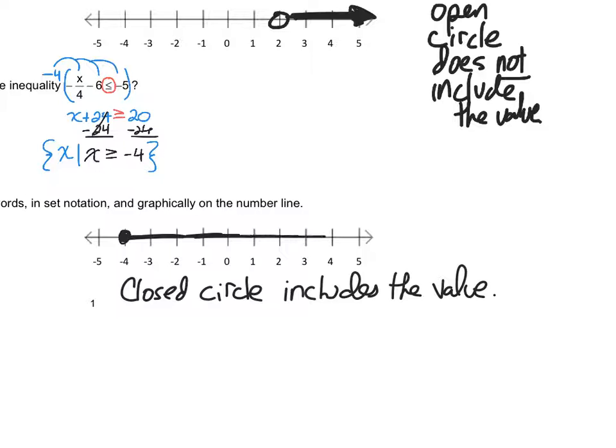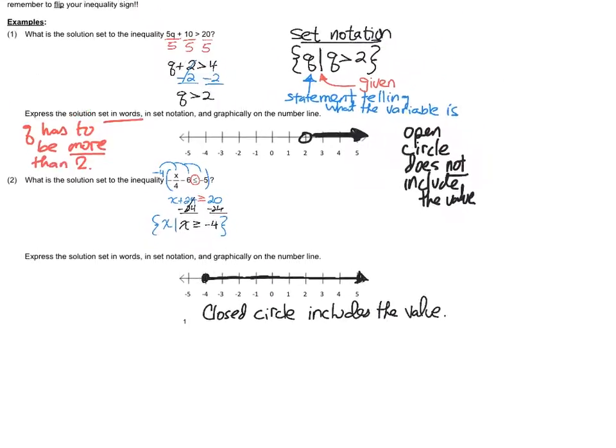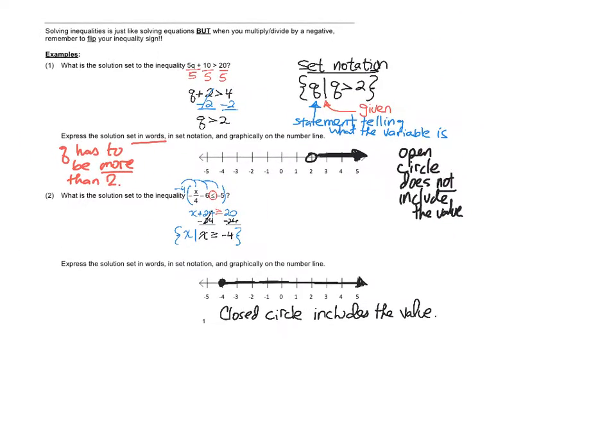And then I'm going to shade to the right because I'm looking for all values that are bigger than or equal to -4. This is all familiar, right? You did this before? Yeah? Okay. So that's good news. We'll do one more and then I'll set you loose.